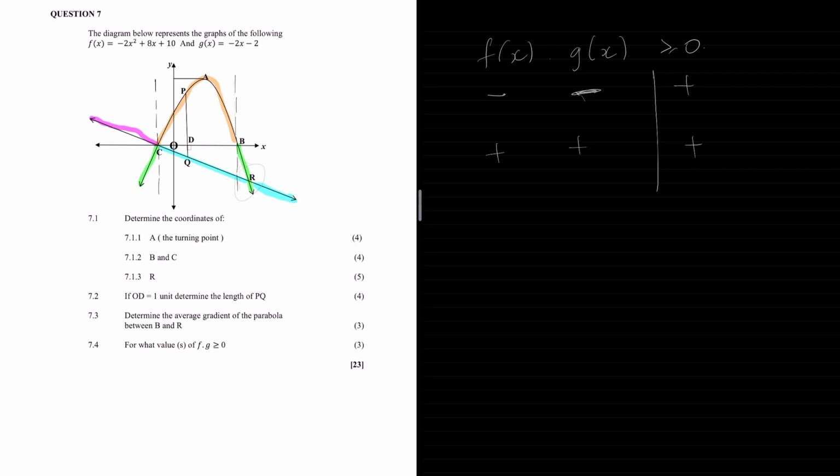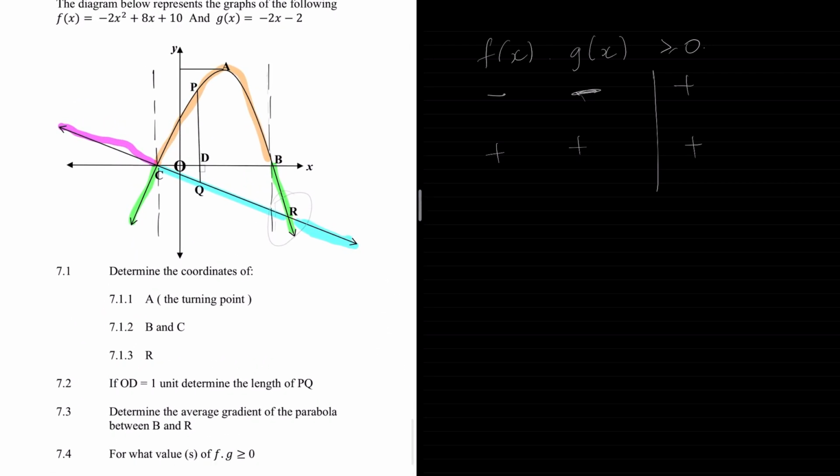Okay, so what we want to look for on our side, g of x, f of x. So where are they going to be positive and where are they going to be negative, and then how can we decide? So we are looking for where they are both positive. So where are they both positive?